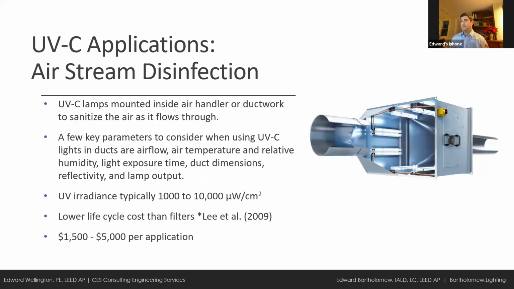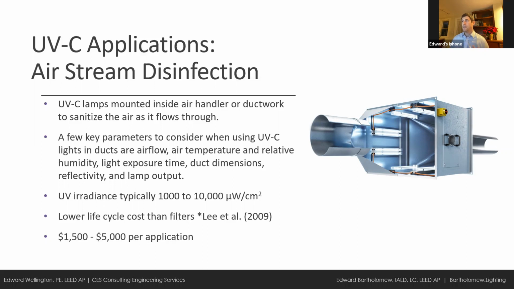The intensity of the lamp is also a major factor that goes into the overall dose. Within an air handling unit, compared to a duct, ducts are typically designed with higher duct velocities, 1,000, 1,400 feet per minute max, depending on the location.